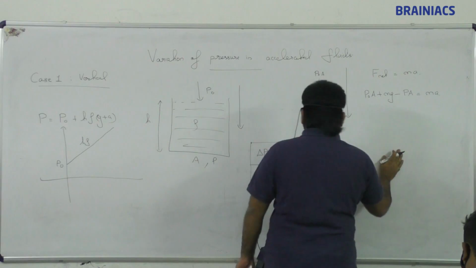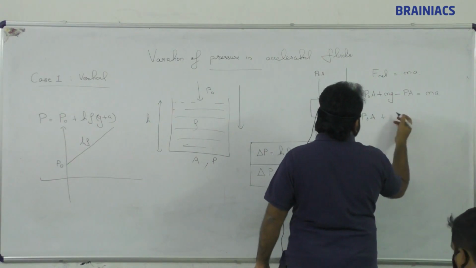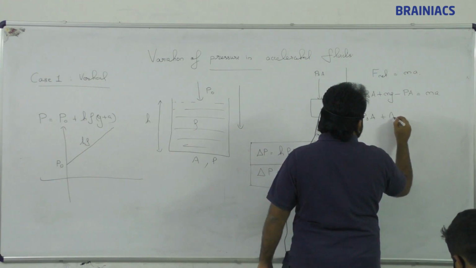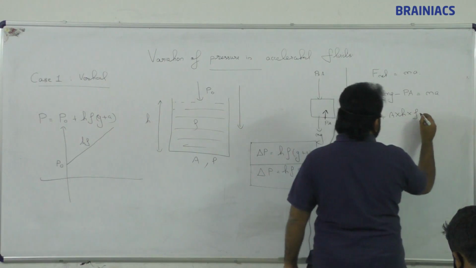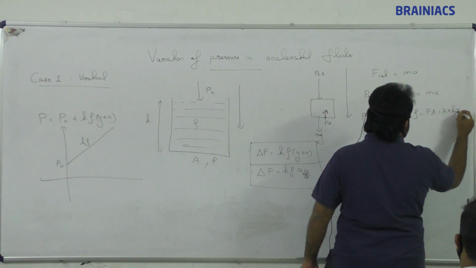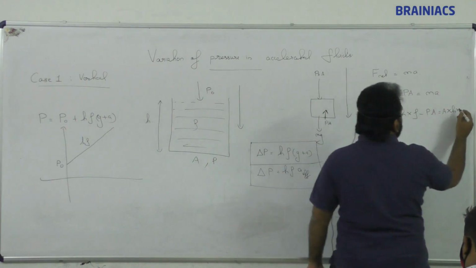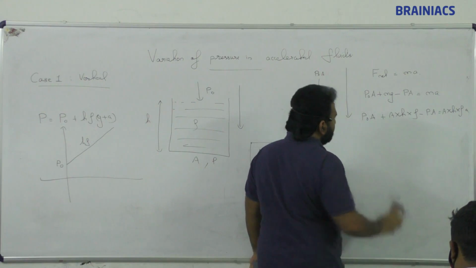Fine, what will come? P naught A plus area into height into rho, minus PA, is equal to area height into rho into a. Or otherwise we'll put it on that side.